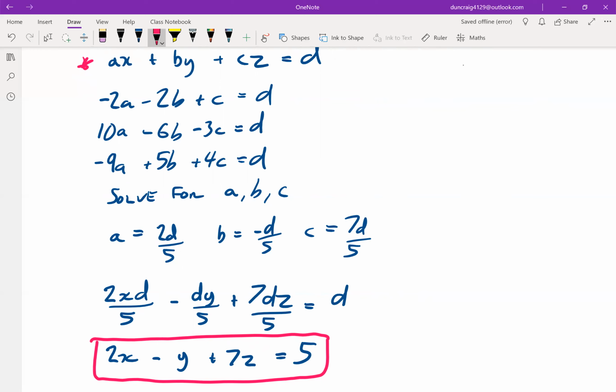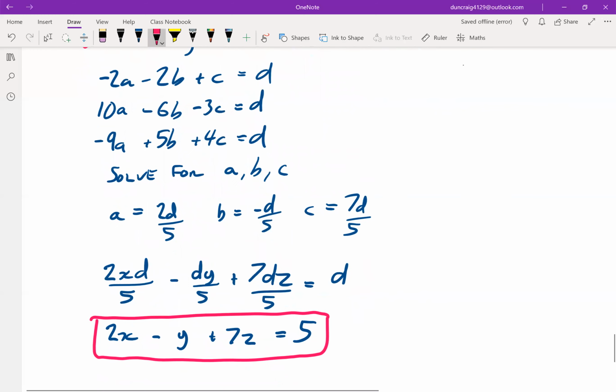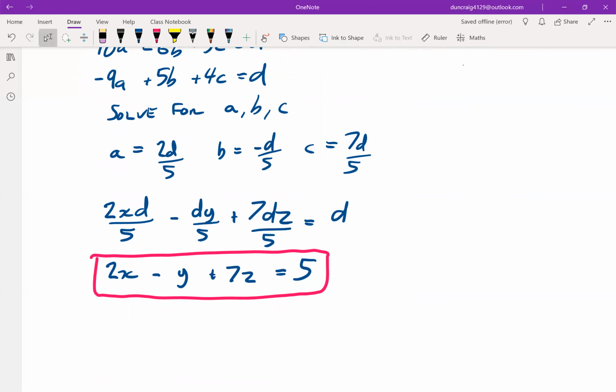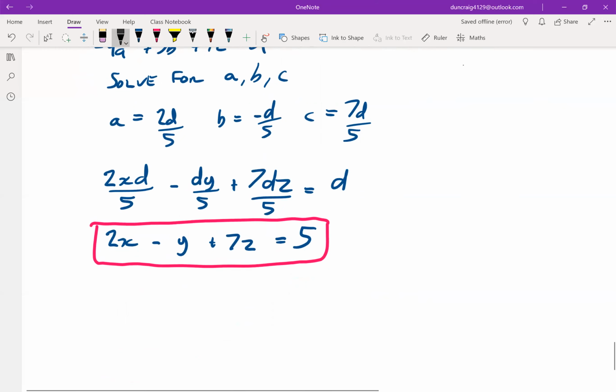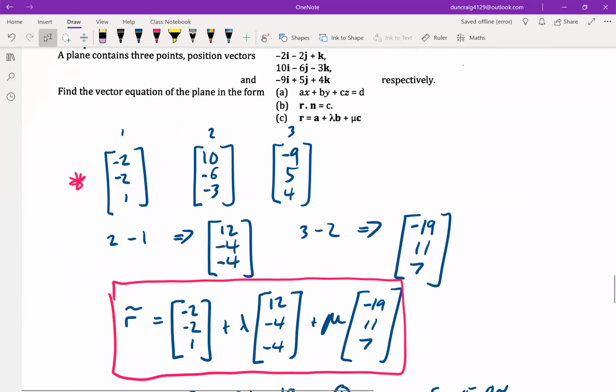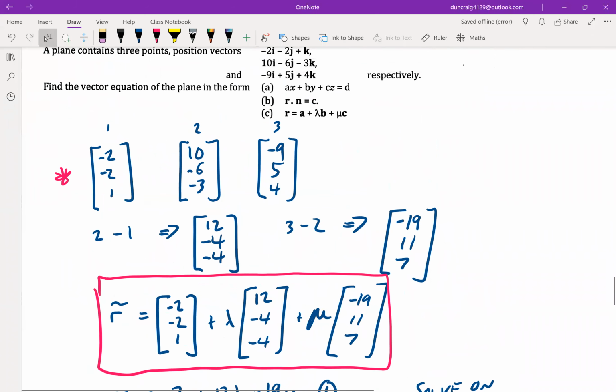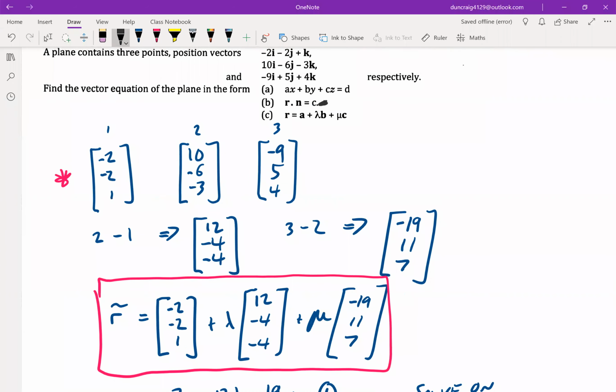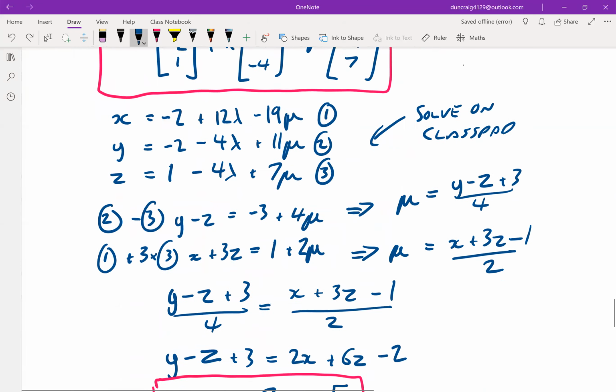So now that we've got that, actually we can just convert that straight to this form here. So into this equation here, that's what we're going to do now.